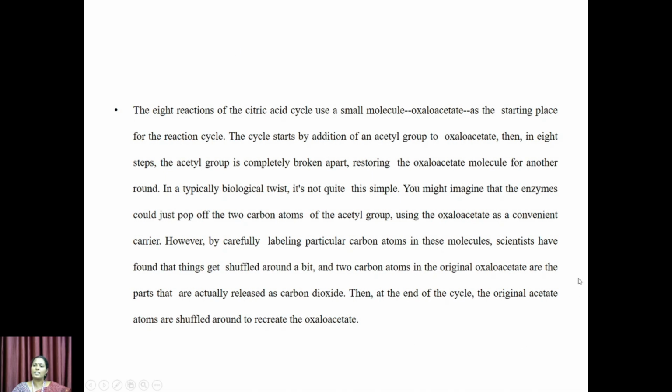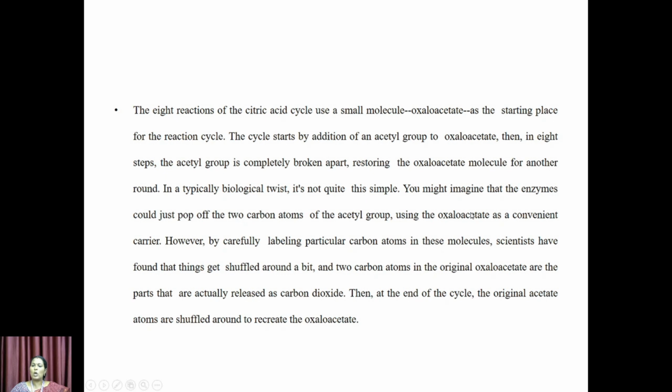The first round starts with oxaloacetate. Next, the molecule oxaloacetate is restored. As is typical in biology, it's not quite this simple. You might imagine that the enzymes could just pop off 2 carbon atoms of the acetyl group.